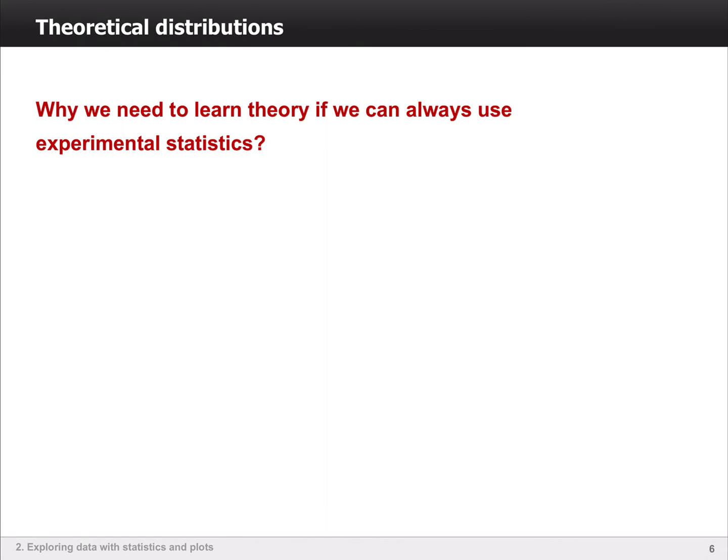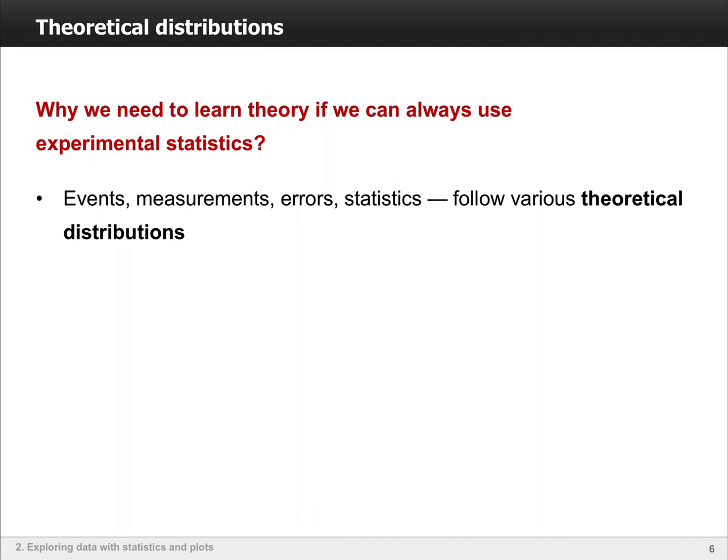So now we can conclude this small part about the parametric approach in science and theory. So why do we need to learn theoretical distributions if we can always use experimental statistics like quantiles, quartiles, percentiles? Well, it's easy because many different events, measurements, errors, different statistics follow various theoretical distributions.